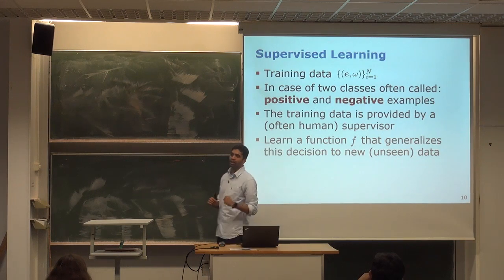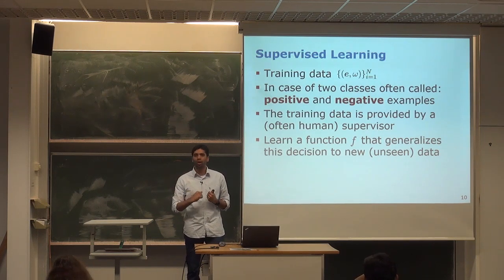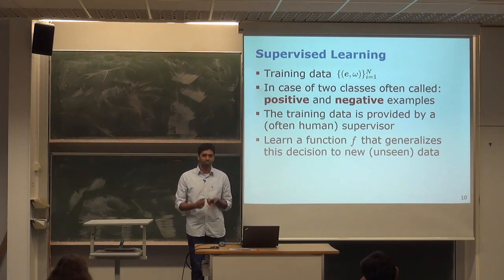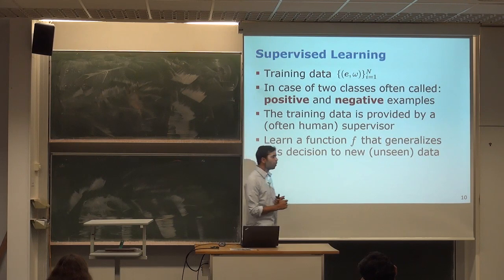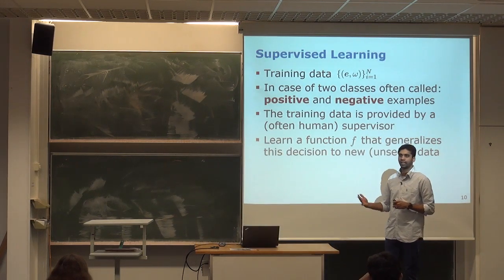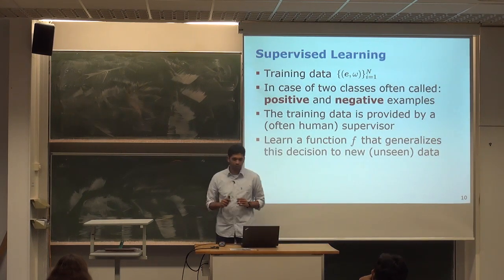You show me 100 images, I come up with an f which works very well with these 100 images, but then you give me a new car, say of a different color than seen before, and my entire system fails. This is a bad classifier. So what we want to design is a classifier which works well for new unseen data, and we'll see how to do this both in this and the next lecture.